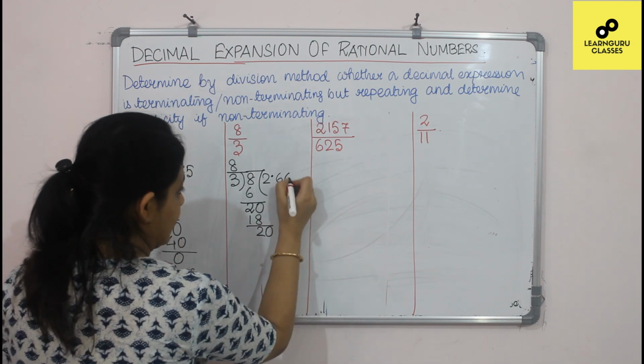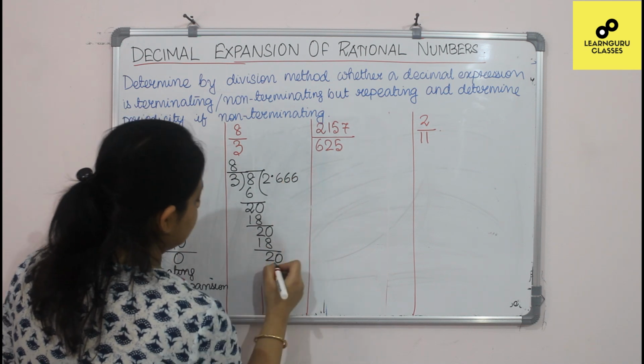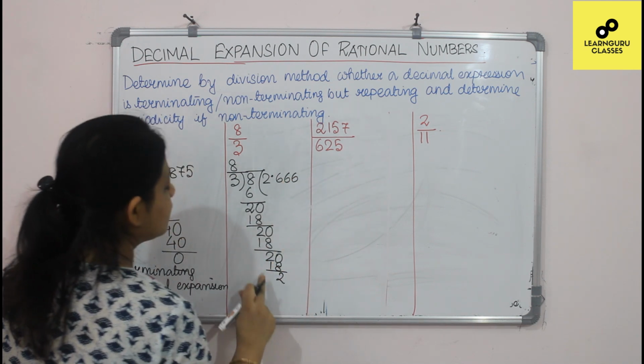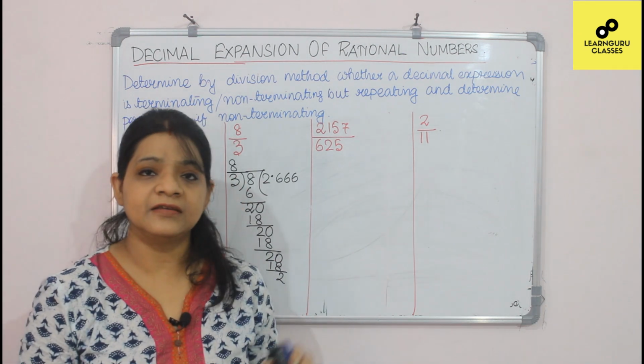Again 0, again 6, 18. So this process of division will continue till infinity.